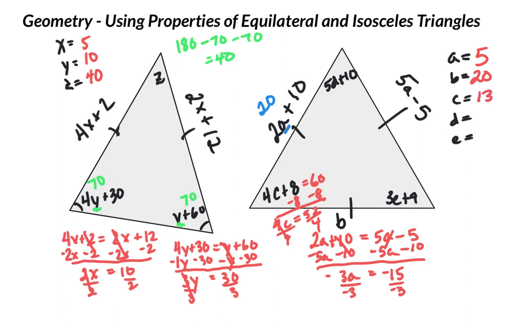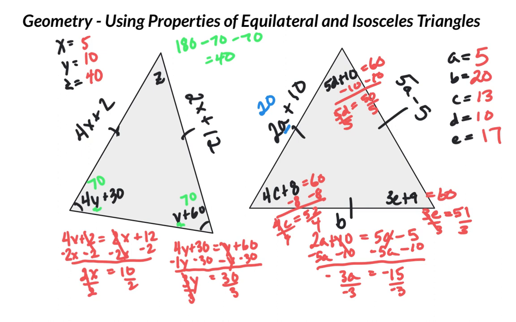Up here, 5d plus 10 equals 60. I'll subtract 10. So 5d equals 50. Divide by 5. D is going to be 10. And finally, setting this one equal to 60, I'll subtract 9. I'm running out of room here, so let's just do that one in our head. We've got 51. Divide both sides by 3, and that's going to be 17.